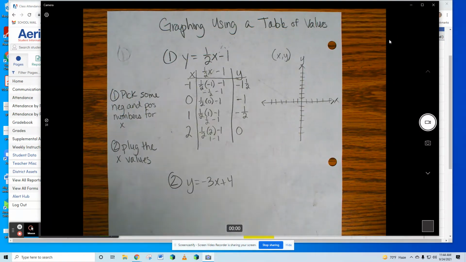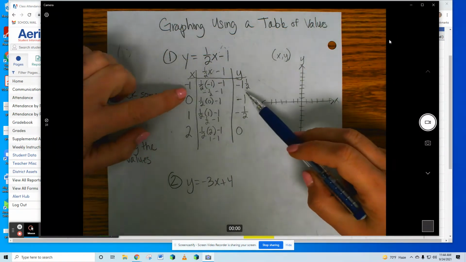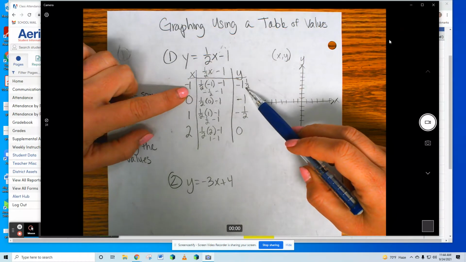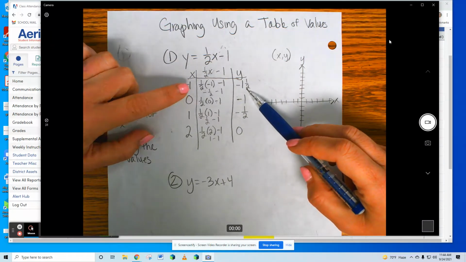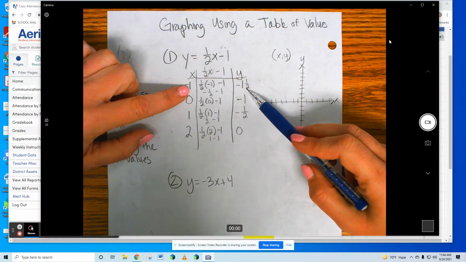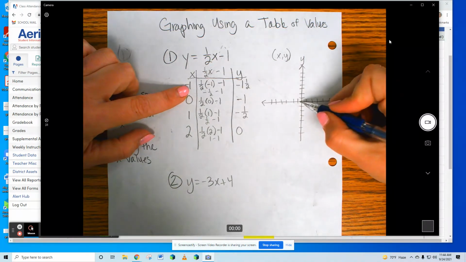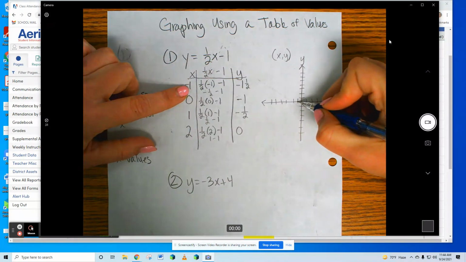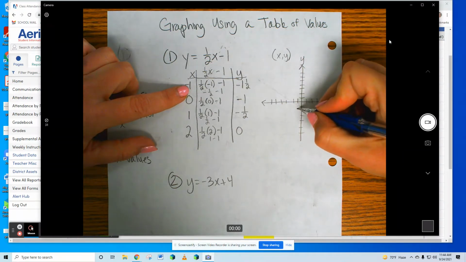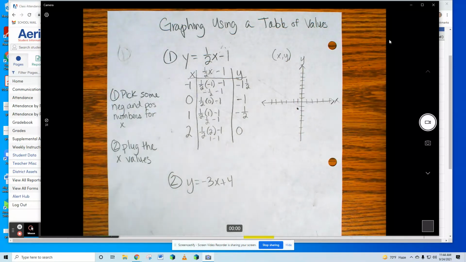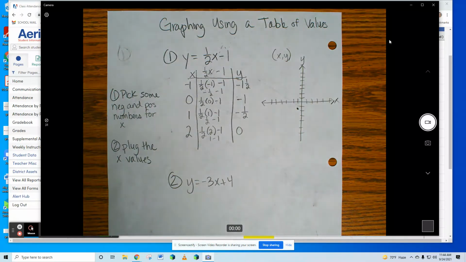I'm going to plot these ordered pairs. My ordered pairs are x comma y. -1, comma, -1.5. 1 to the left and 1.5 down. 1.5 down means that I'm in between -1 and -2.